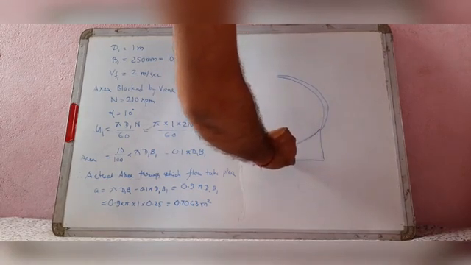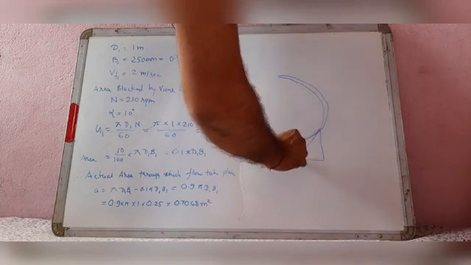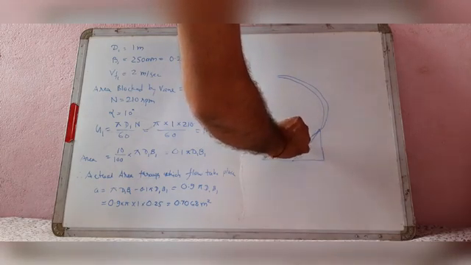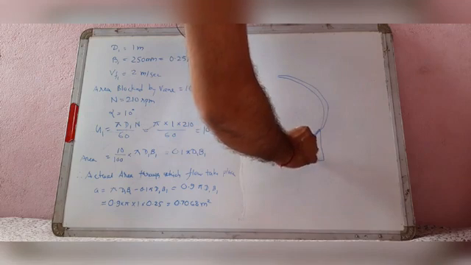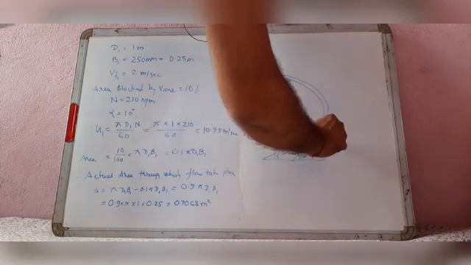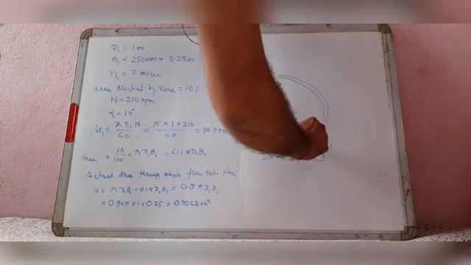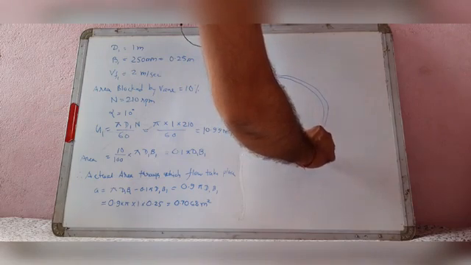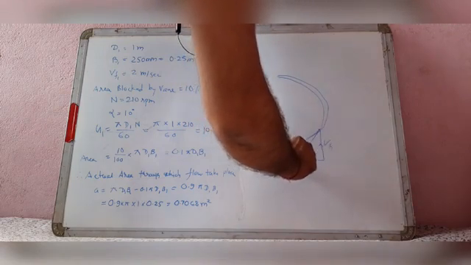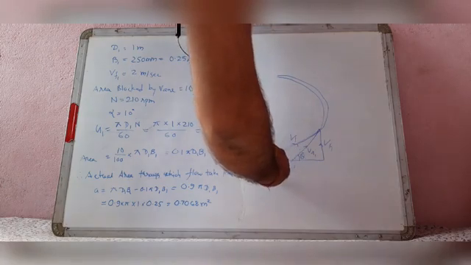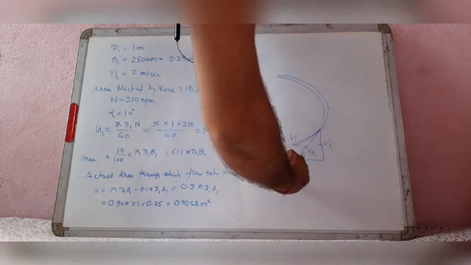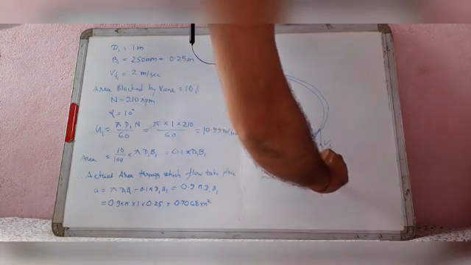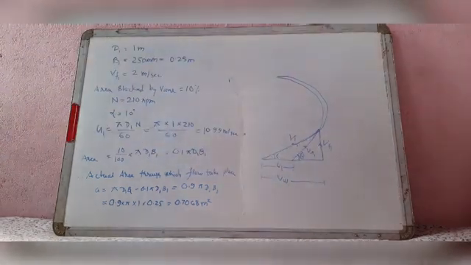This is angle alpha. This is V1, angle theta, Vf1, Vr1, u1, Vw1. This is the inlet triangle.